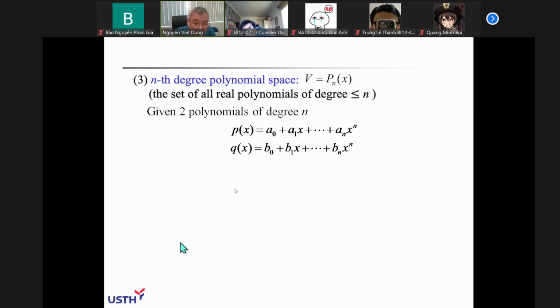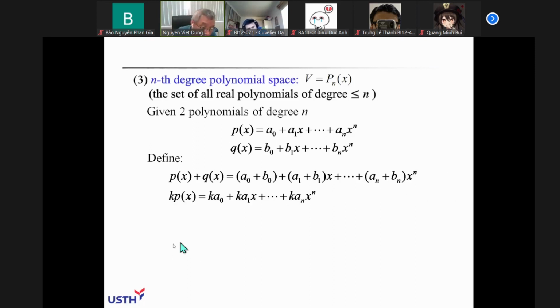Suppose that we are given P and Q, two polynomials. Then we define the addition to be that one, and the scalar multiplication k times P(x) to be that one. And it is very easy for you to verify that the two operations here satisfy the 10 properties in the definition.